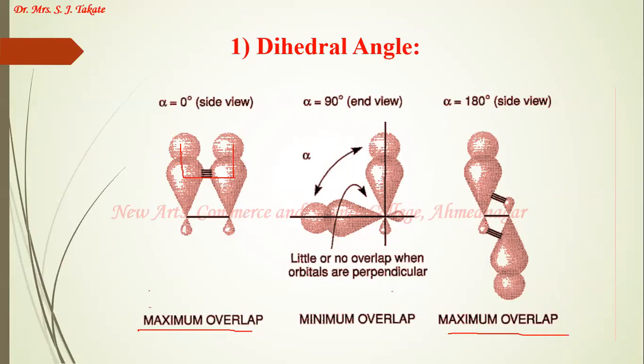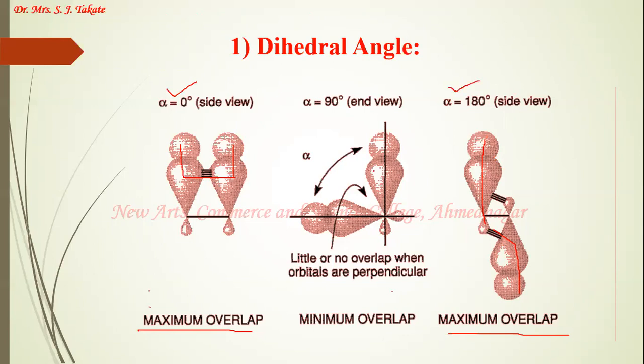In that case also the overlap is maximum. Therefore, spin information of this first hydrogen can be transferred to the second hydrogen effectively, that is the coupling is stronger. And therefore, the coupling constant values are larger when the dihedral angle is 0-degree and when it is 180-degree.